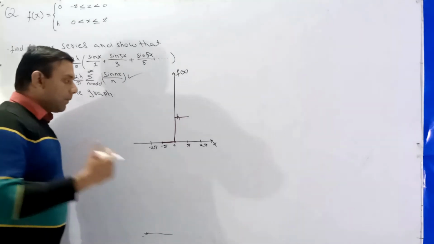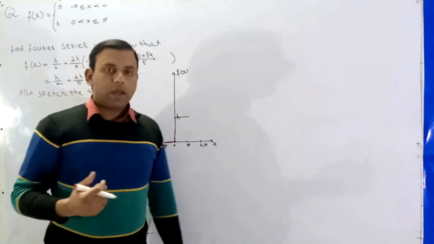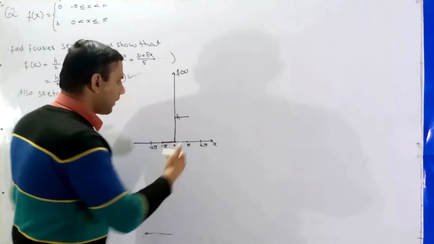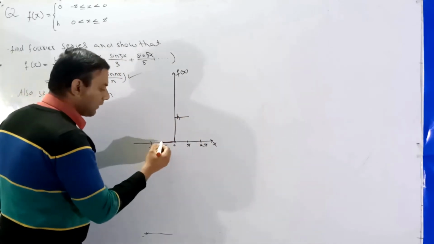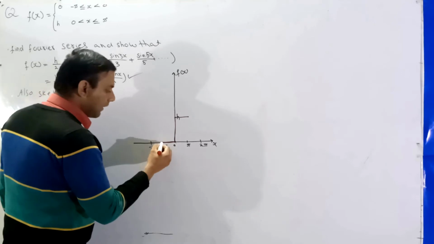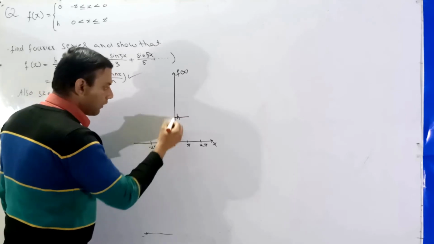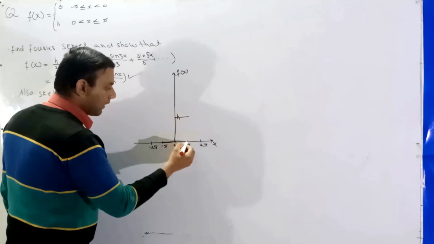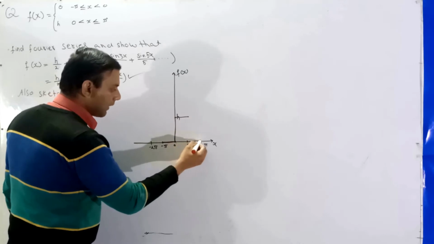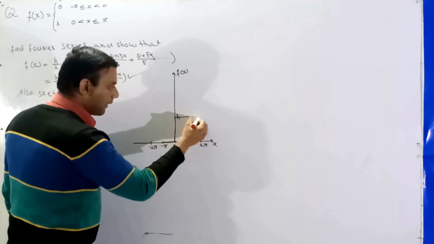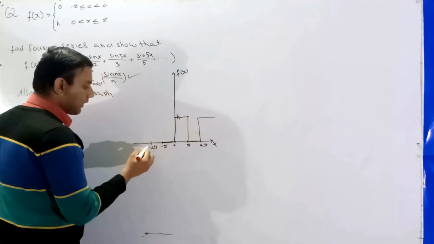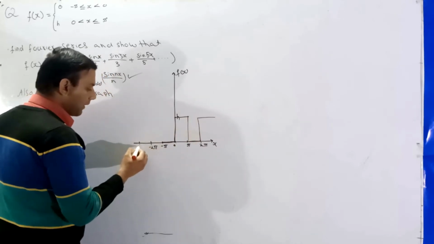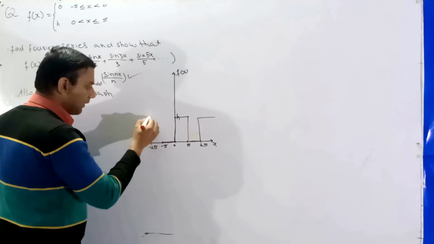Actually, to complete the graph, we have to extend this graph from this side and also from this side. We see that the graph is like that, minus pi to 0 and 0 to pi, and here also pi to 2 pi. And from this side also we have to extend this graph like this.